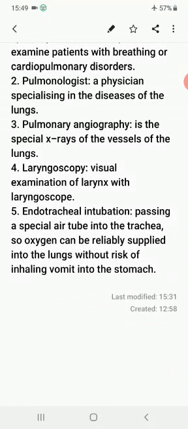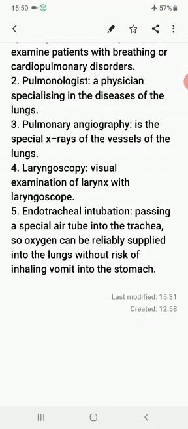Endotracheal intubation, that is meaning passing a special tube into the trachea so oxygen can be reliably supplied into the lungs without risk of inhaling or vomit into the stomach. Misali ana sa wani pipe ne a shigar da shi.